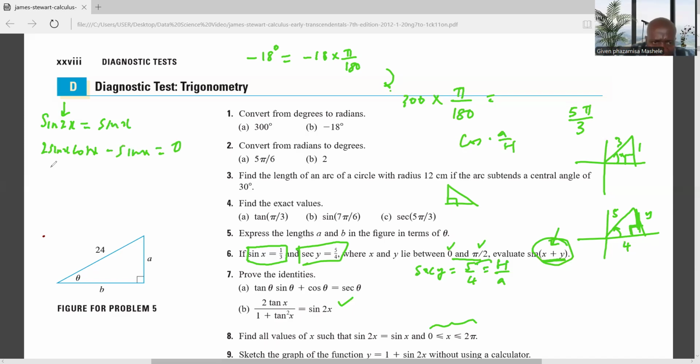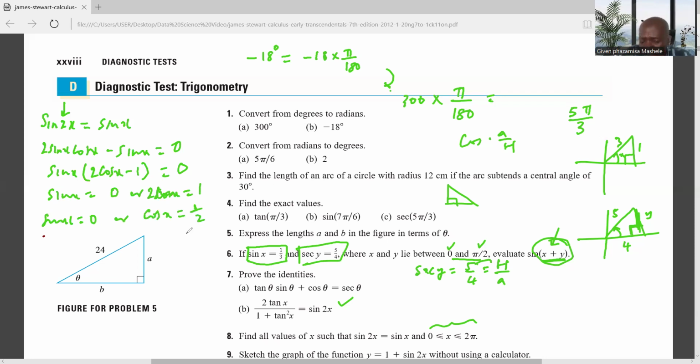Now the common factor is sine x. Here we're going to remain with 2 cos x minus 1 equals 0, which means sine x is 0, or 2 cos x is 1. So sine x is 0, or cos x is a half. By the way, this time around we're not using degrees. They must be in radians, but they said you must write the answer between 0 and 270.